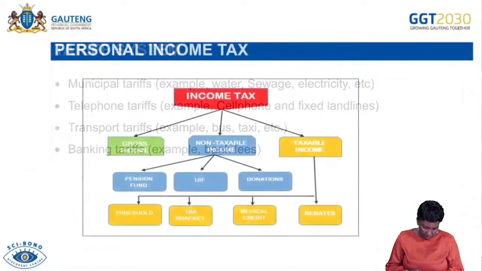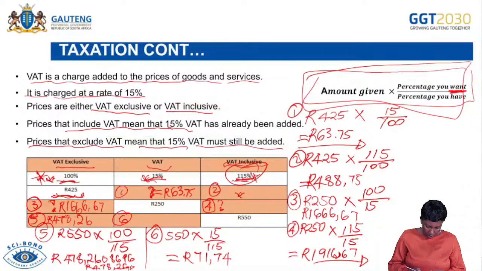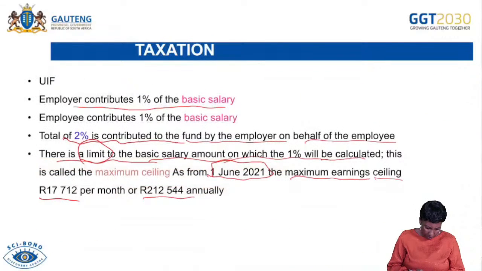Okay, and let's quickly go back. Yeah, it is 17,712. So meaning, let me write it here so that I don't forget.